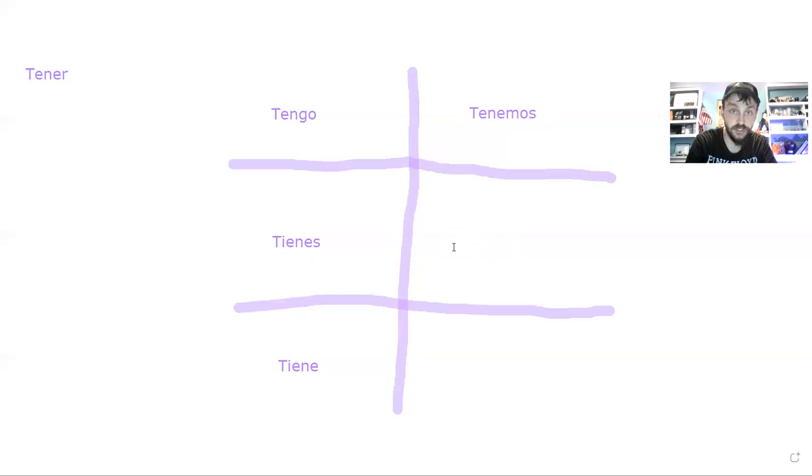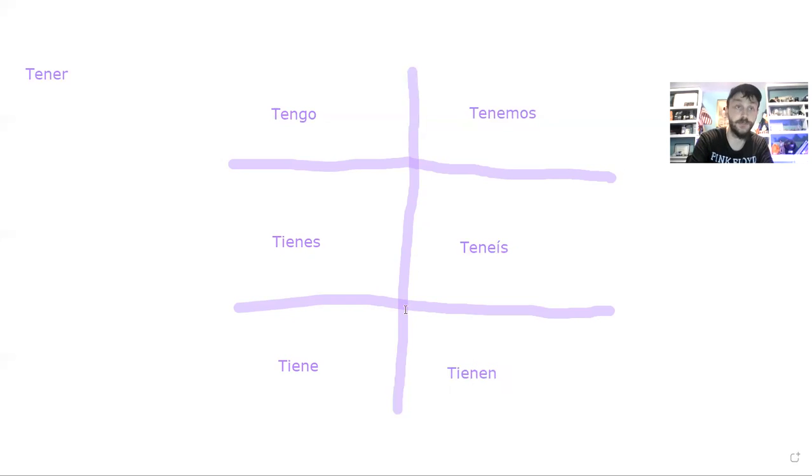Vosotros, vosotras, tenéis. But this is only used in Spain. Ellos, ellas y ustedes is similar to the él, ella y usted form. Tienen. See that?